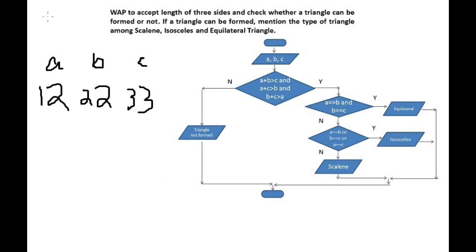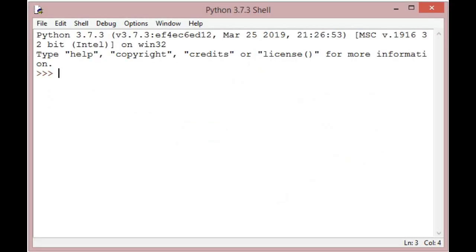And to show you the code, I need to take you to the Python IDE. So we are moving to a Python IDE. Here is the Python IDE on. Now what shall I do? I shall define a function.